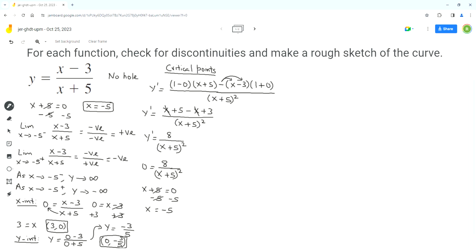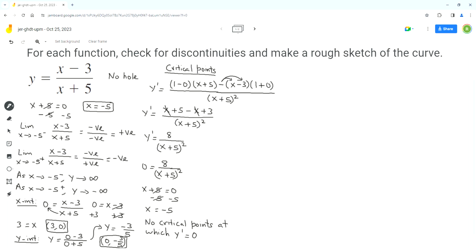We have also already found the end behavior around the vertical asymptote, so we do not need to analyze this x value again. So we can conclude that there are no critical points at which y prime is equal to 0.